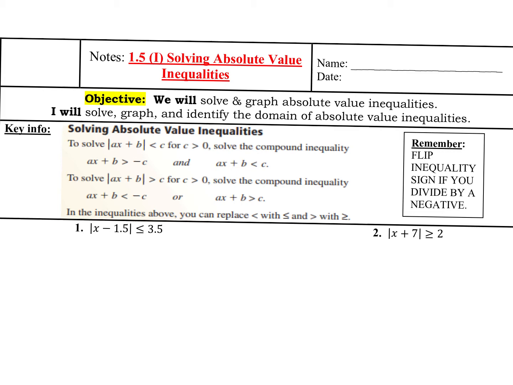If it's an "or" problem, then either one of the answers must be true, or both of them can be true. It sounds a little bit confusing, so we will talk more about it in depth as I do the examples, but I just wanted to preface it at the beginning of these notes. I also wrote here, remember to flip the inequality sign if you ever divide by a negative. That might come up in these notes. If not, it'll come up in a future video for sure.